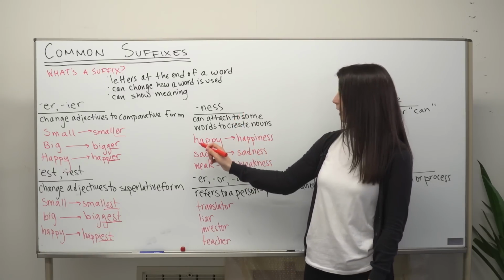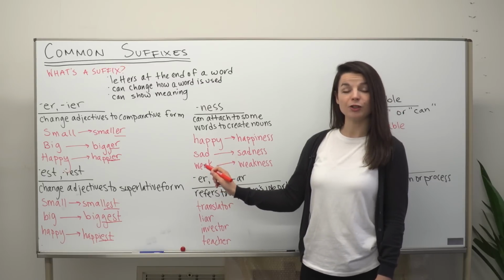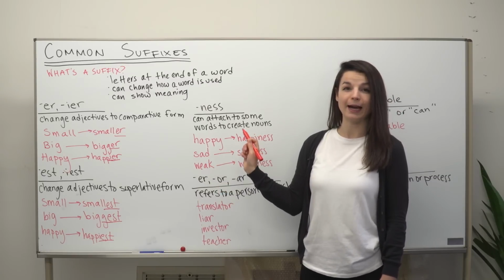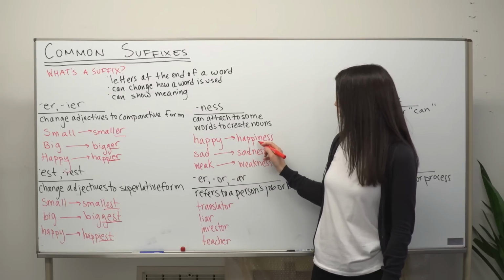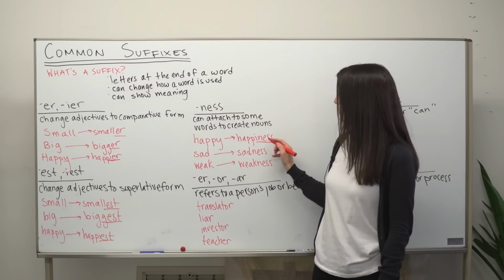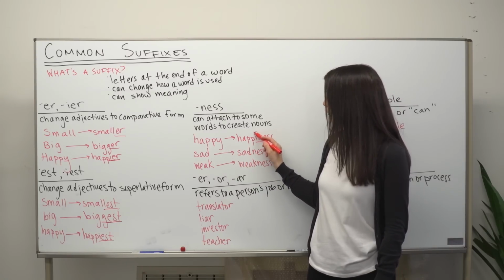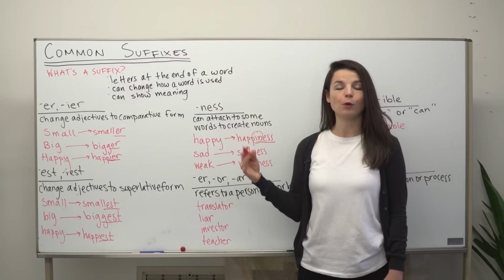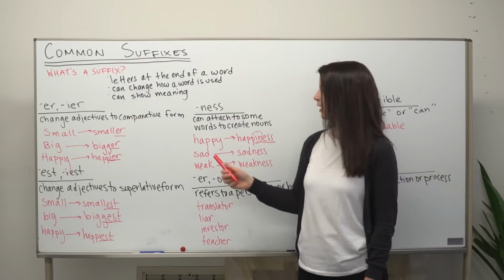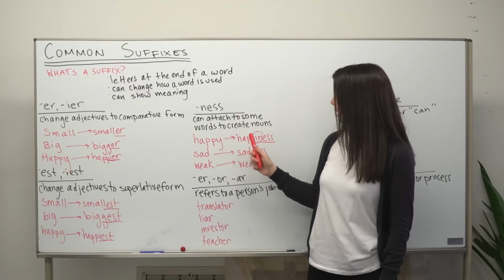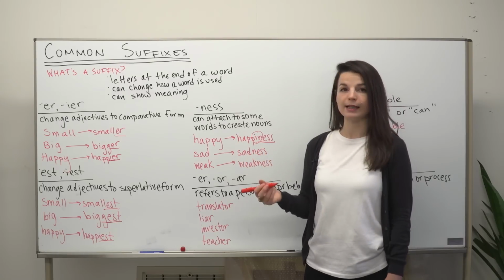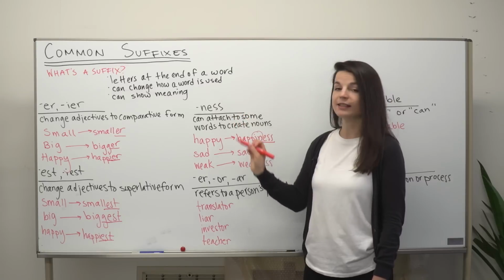So let's look at, again, a few adjectives that we can change into nouns by adding ness. Here, happy again. Happy changes to happiness, the noun form, by adding ness. Again, we follow this same Y rule. The Y changes to an I for adjectives that end in Y. So happy, adjective, becomes noun, happiness, by adding the ness suffix.